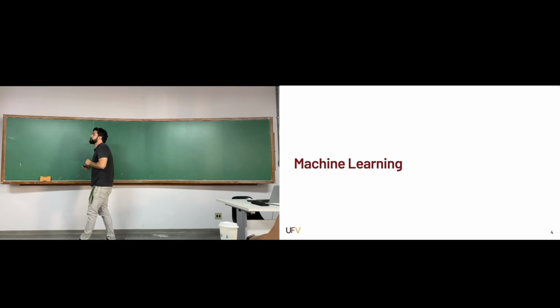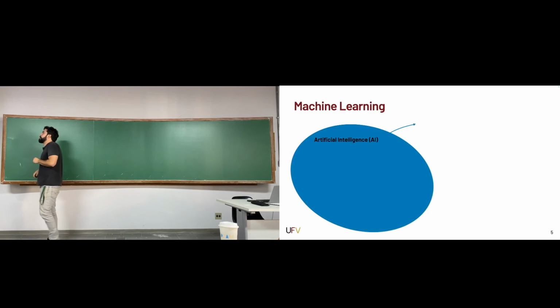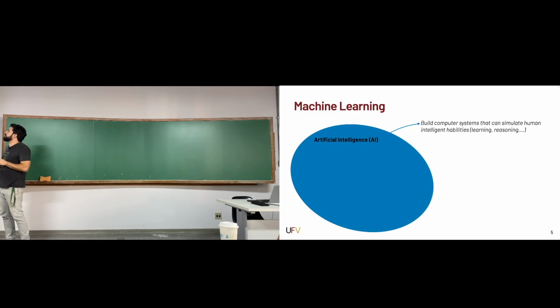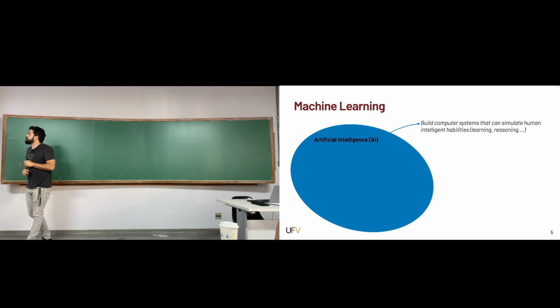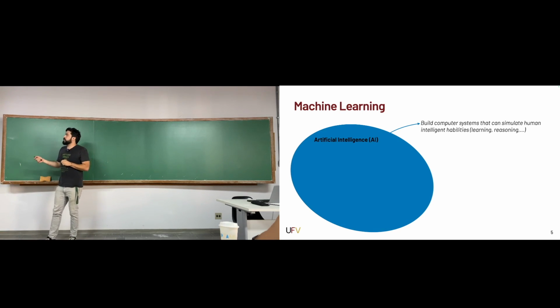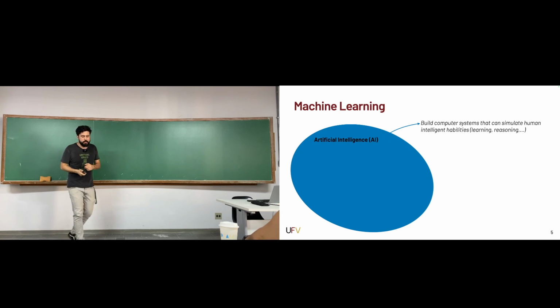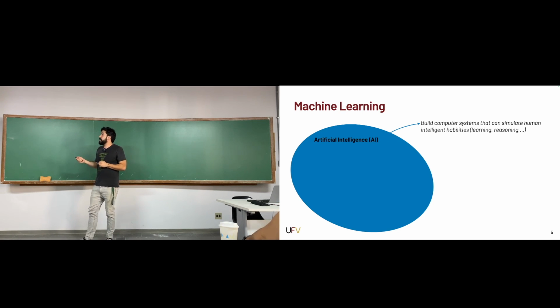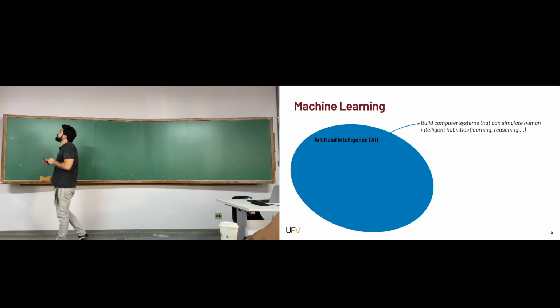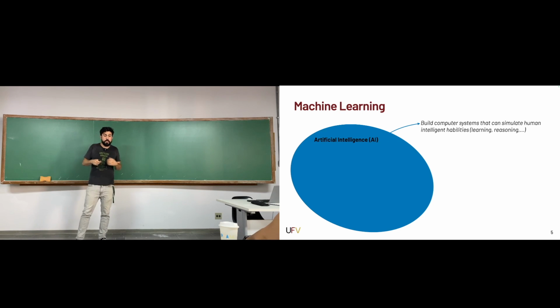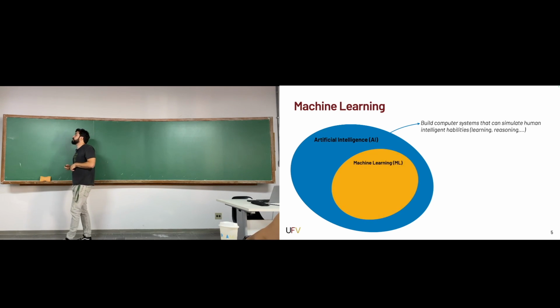So machine learning, right? We were talking about this last time, so I'm just going to go very quickly. We were discussing that AI is this field of computer science and other related areas that is interested in building computer systems that can simulate human intelligent abilities, like learning, reasoning, planning, creativity, and others.